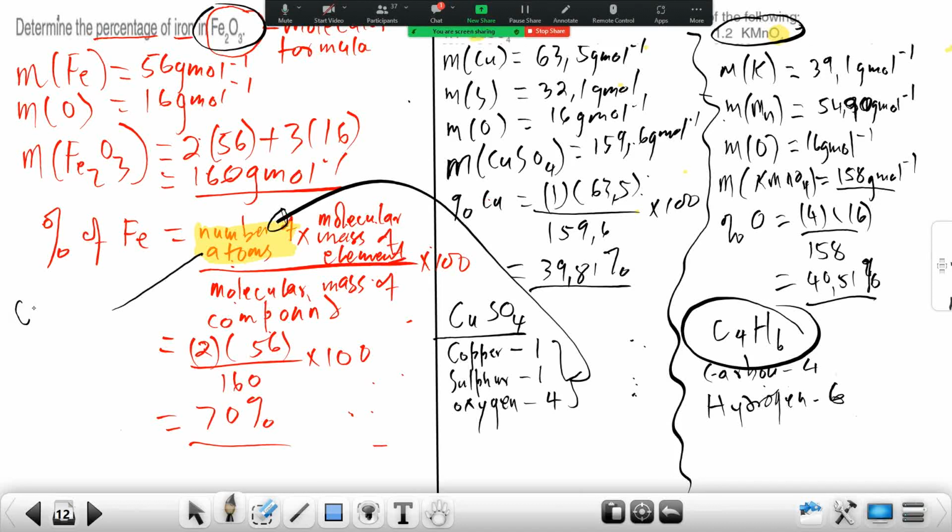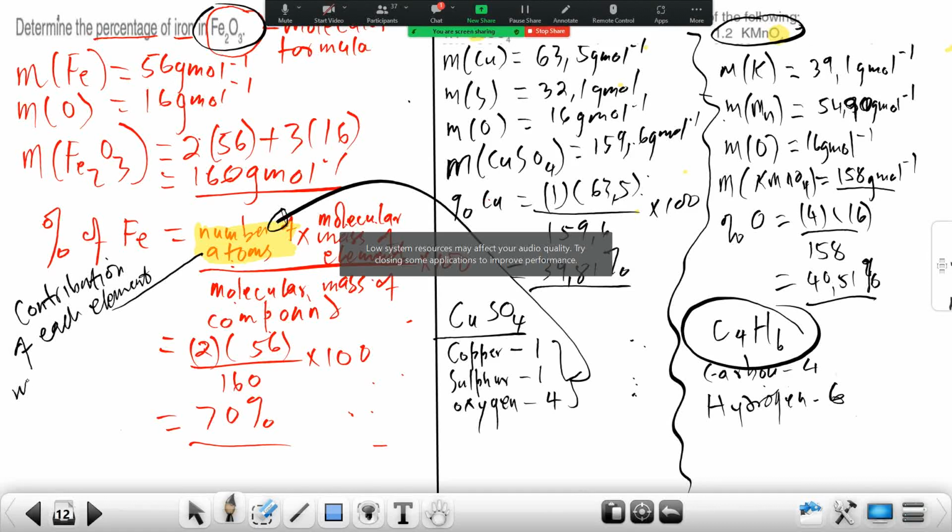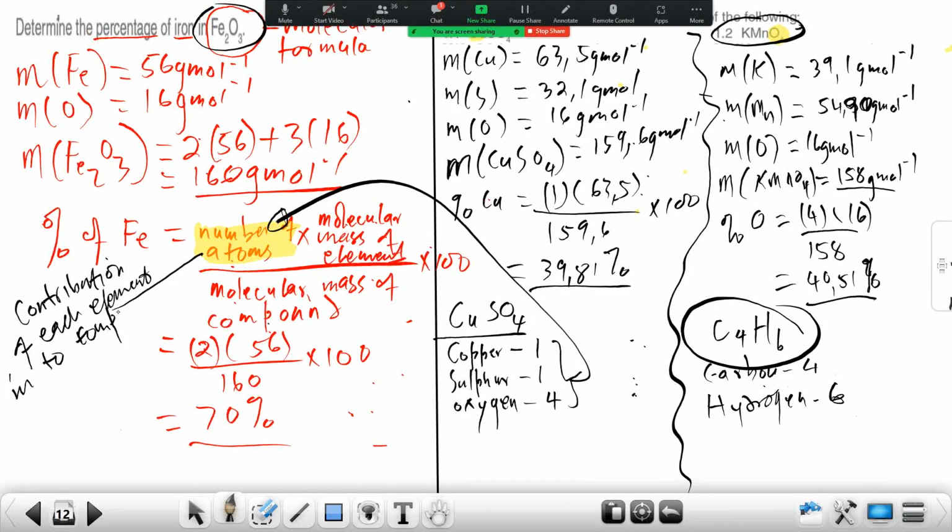It's basically the contribution of each element with regard to the compound arrangement. The way the compound is arranged is what will inform us in terms of the number of atoms.